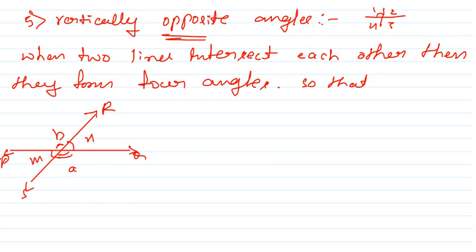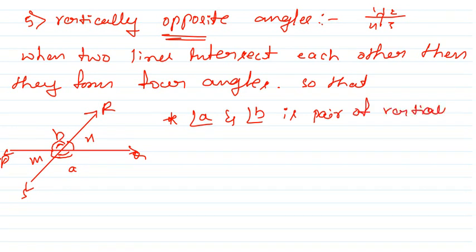Something different. M and N are one pair of vertically opposite angles, and A and B are one more pair of vertically opposite angles. See, angle A and angle B are a pair of vertically opposite angles.